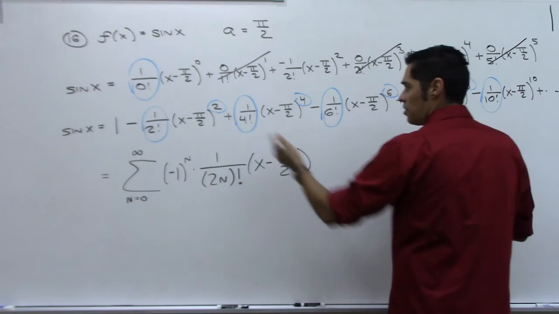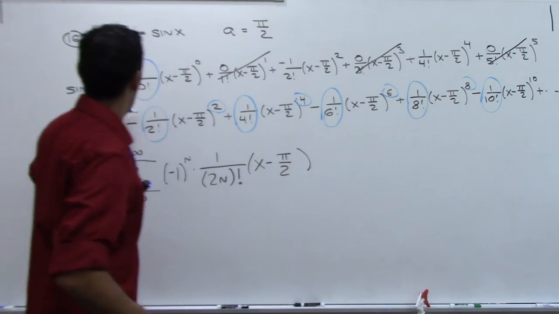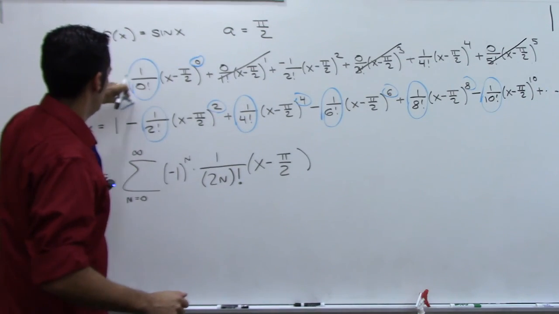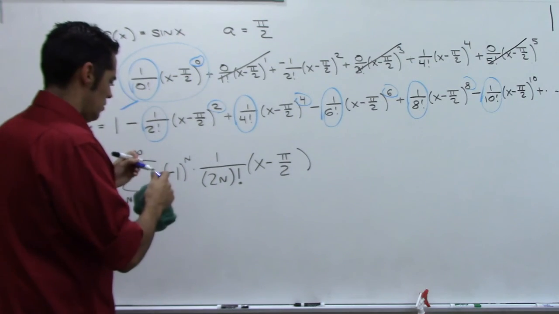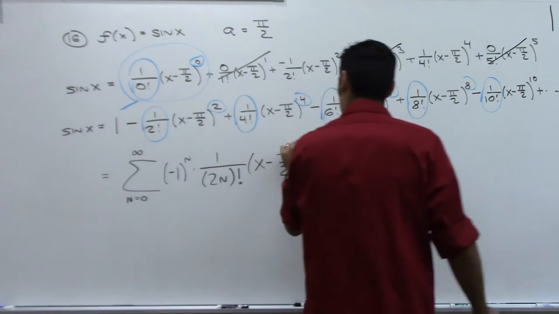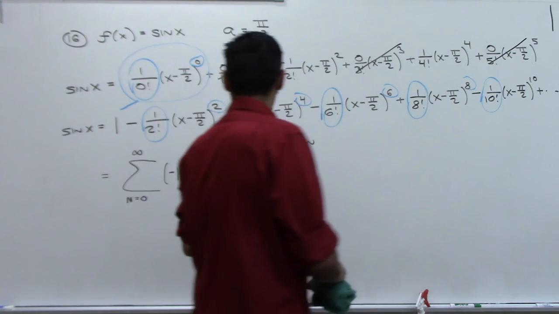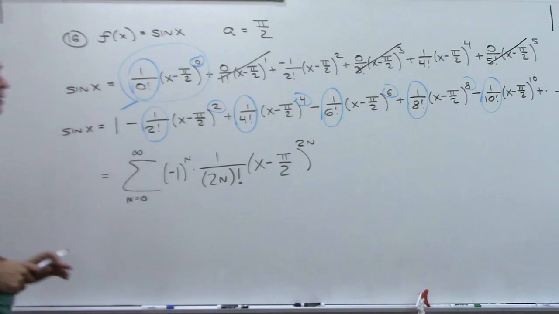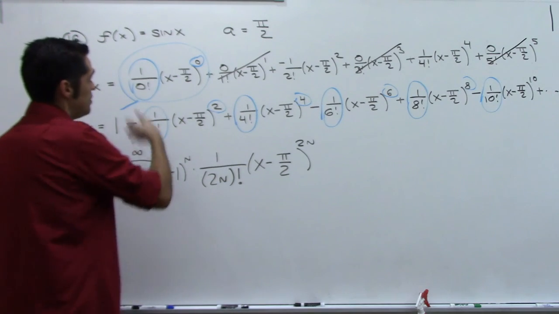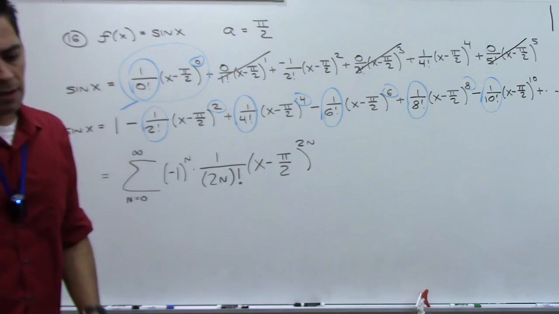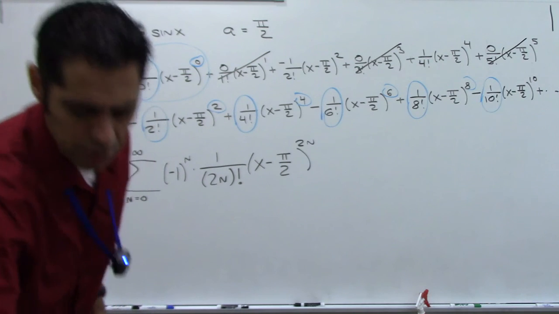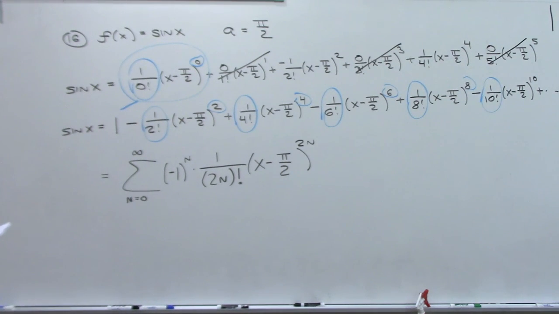I want to start at this first one, so I want to start at 0. Same thing, 2n up here. And that should create the series. So that is your Taylor series expansion of sine x about the value pi over 2. Let me check it. 2n factorial, negative 1 to the n, yes. All right, that's it.